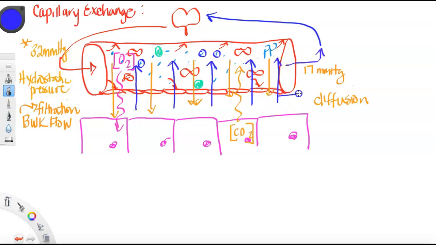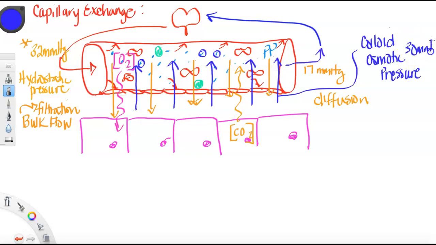This pressure is called colloid osmotic pressure, and it's about, I think, 30 millimeters of mercury. And you can see these lines that I put here are all the same size.